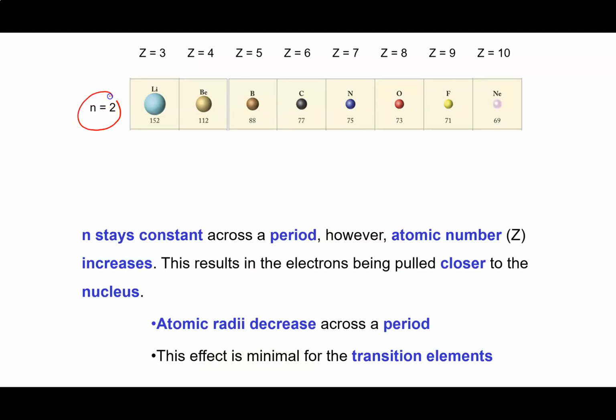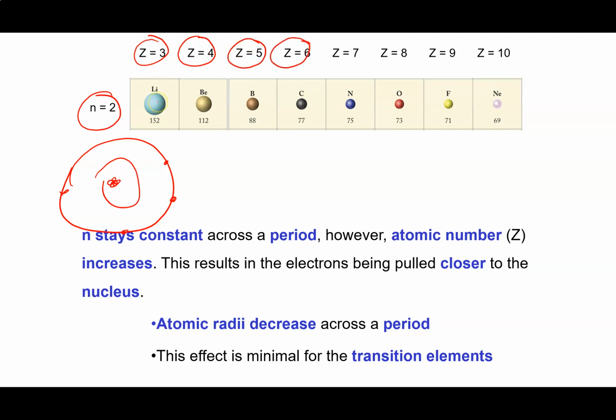Now, as we go across a period, we're adding electrons to the same layer. In this case, we're adding them to the second layer, right? So they're all going in at approximately the same distance from the nucleus. However, what is changing as we move across a period is that every time we move one space to the right, we add an extra proton to the nucleus. And the protons have a positive charge.